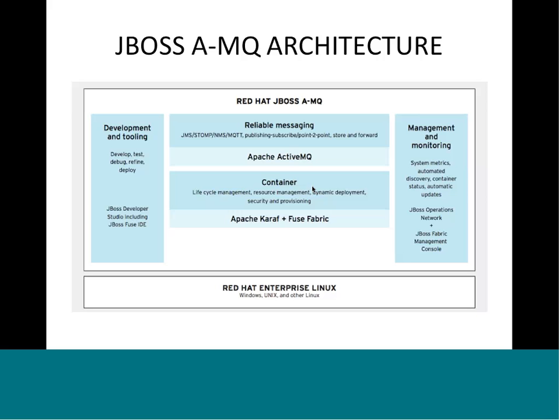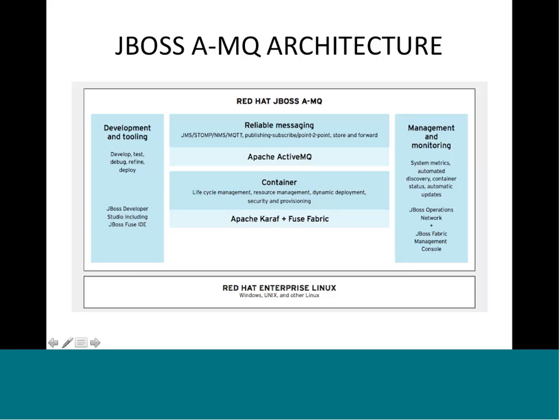For example, if I want to stop providing access to certain resources that you have created using Apache ActiveMQ, you can go and manipulate it using the container. So the container provides you extra capabilities on top of Apache ActiveMQ. And it uses internally what? Fuse Fabric and Apache Karaf.